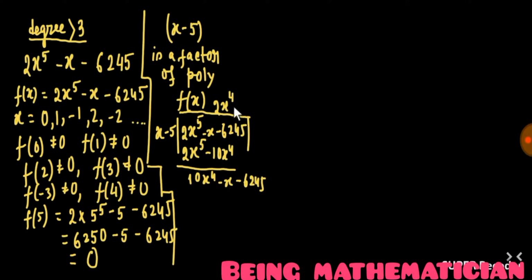Now it is 10x cube, so it will be 10x to the power 4 minus 50x cube. So it will be 50x cube minus x minus 6245.